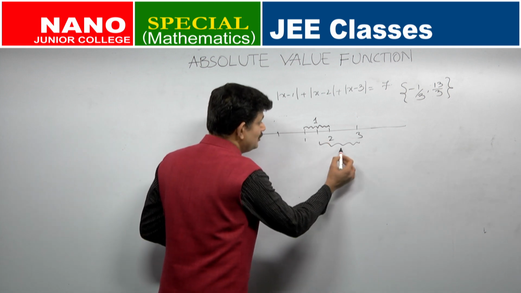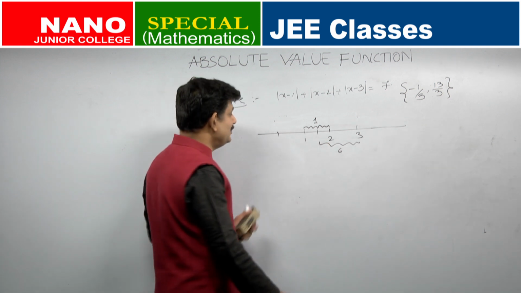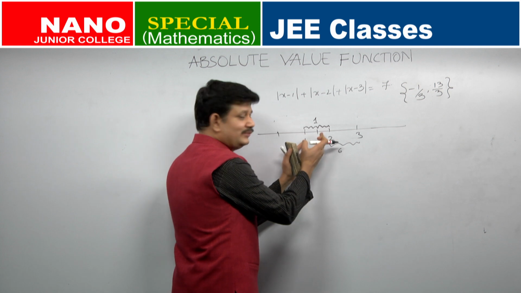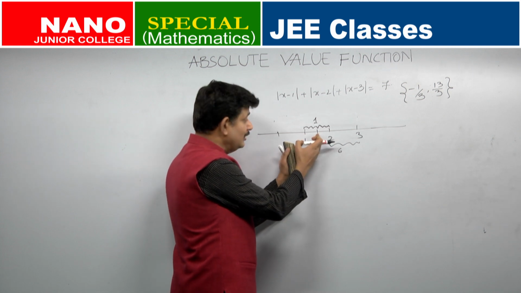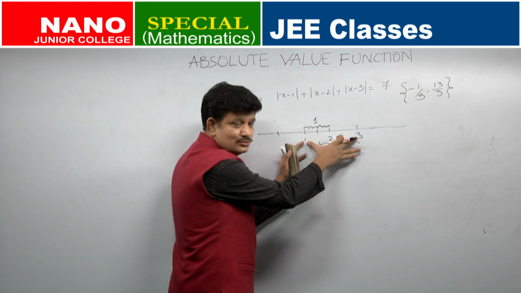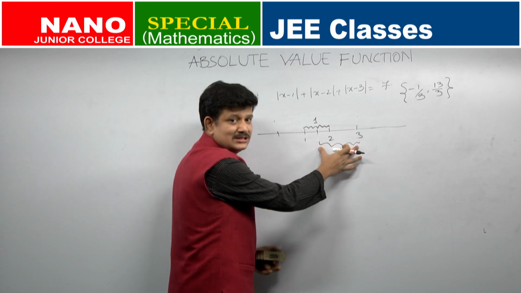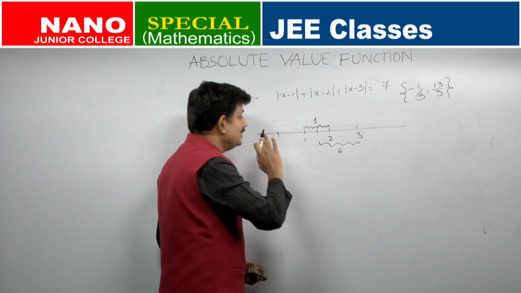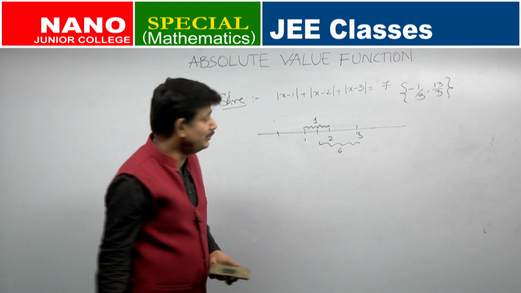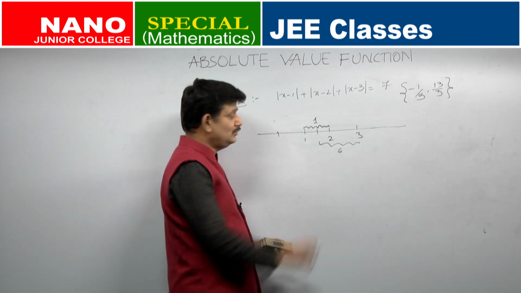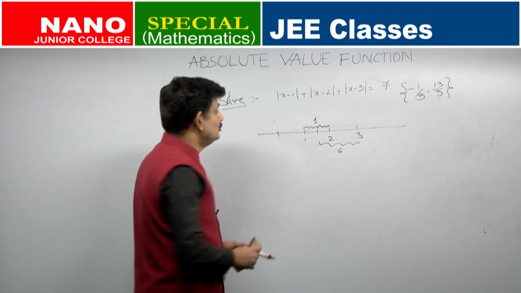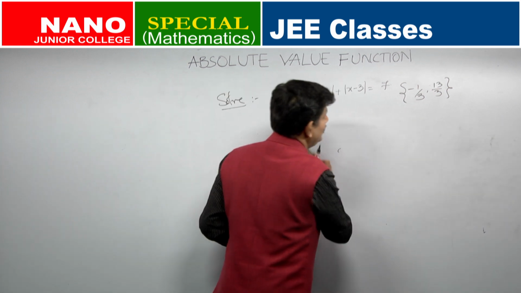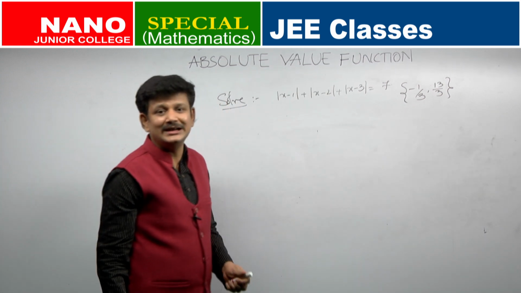So, this distance should be how much? 6. Can it be 6? This number is after 1. This distance itself is 2. So, can this distance be 6? No, right? Impossible. So, it is never possible to have a number between 1 and 2 or between 2 and 3. So, you are left with only 2 solutions. What are they? Minus 1 by 3 and 13 by 3.